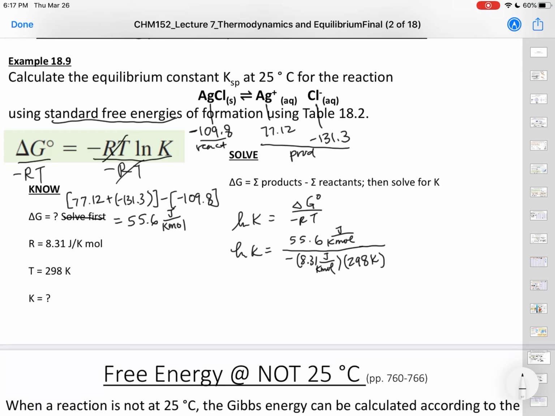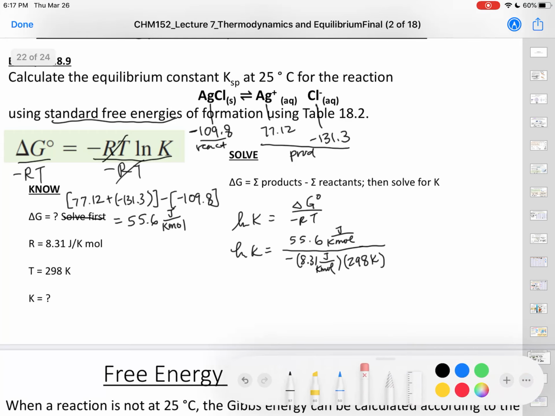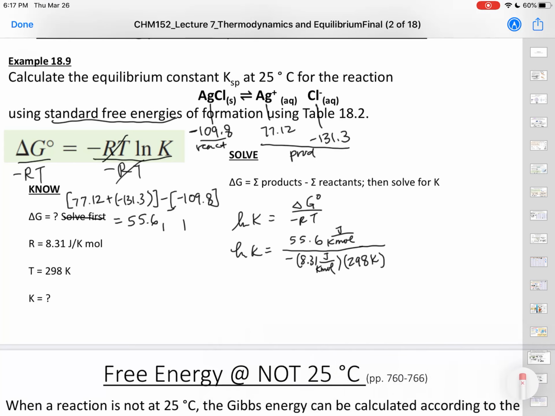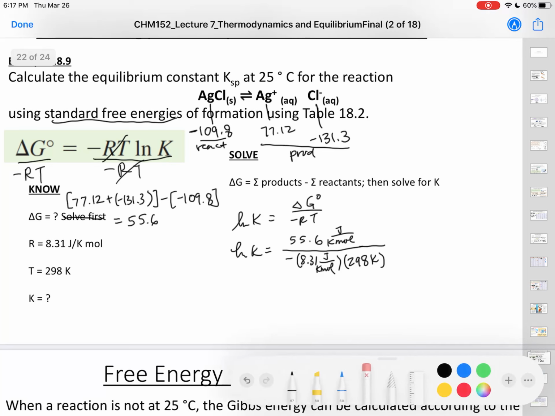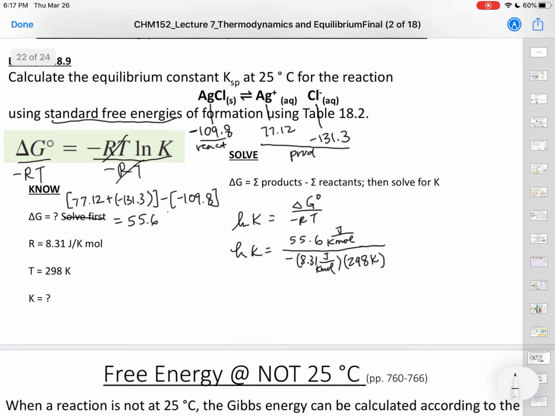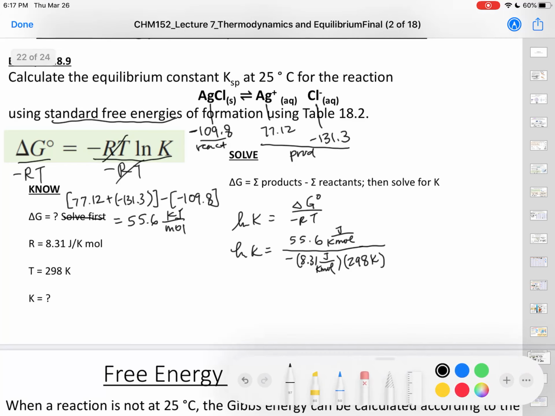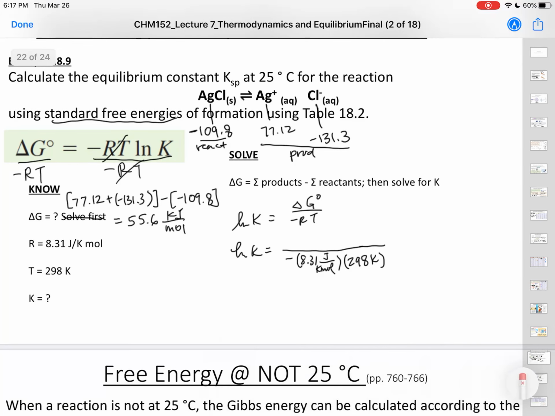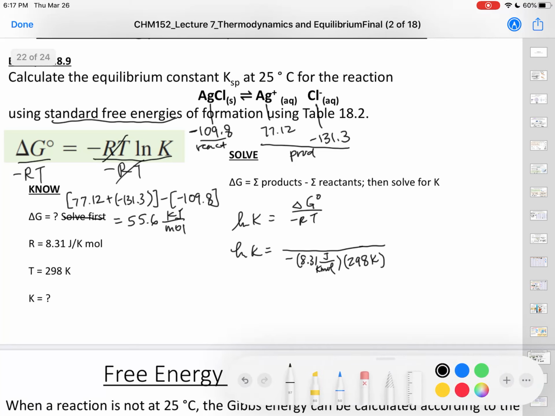Did I use the wrong values? No, I didn't. I'm okay. But I am in the wrong units. I apologize. This should be in kilojoules per mole. I was looking at the wrong table.